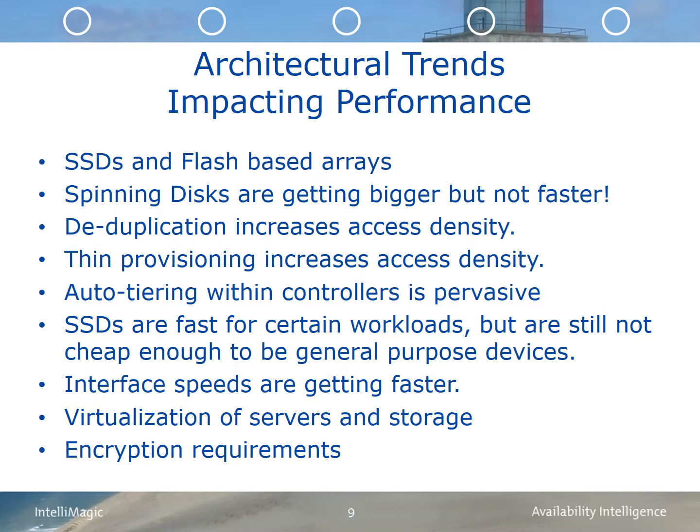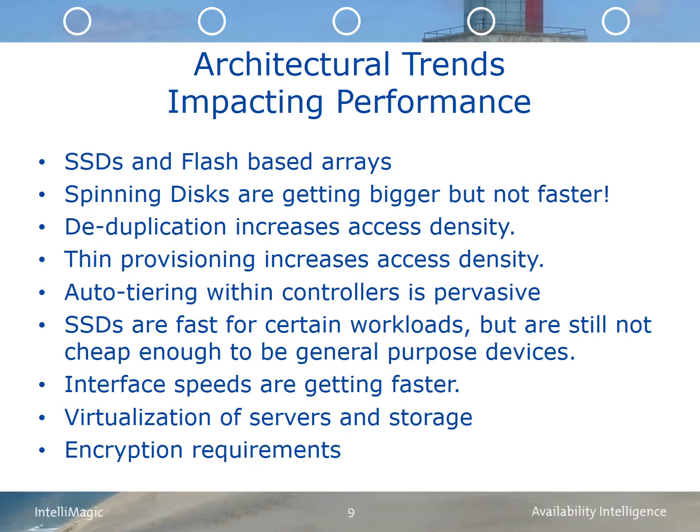The other trend that I talked about recently was that interface speeds are definitely getting faster, and I'm not seeing, at least in the production enterprise space, that we're actually hitting interface constraints too much. Although that will continue to be a cat and mouse as the speeds of the interfaces get faster and we continue to put more data through to the flash and SSDs.